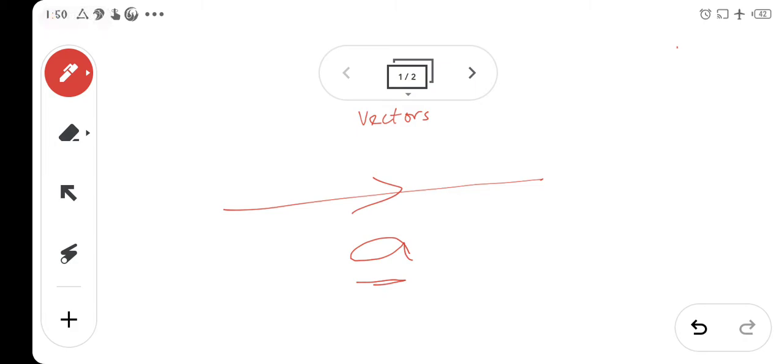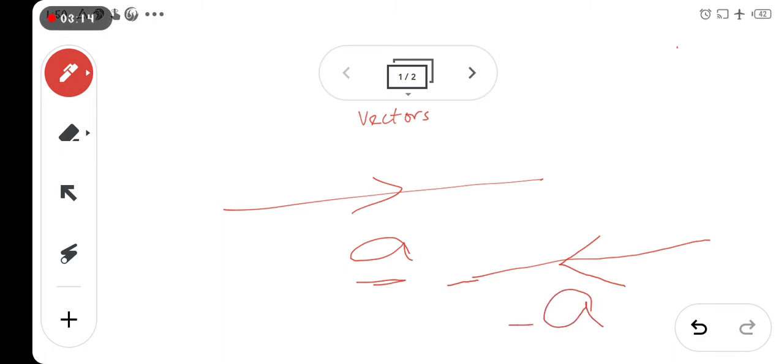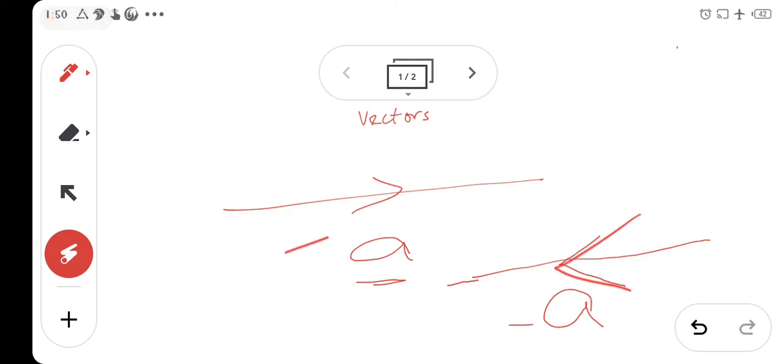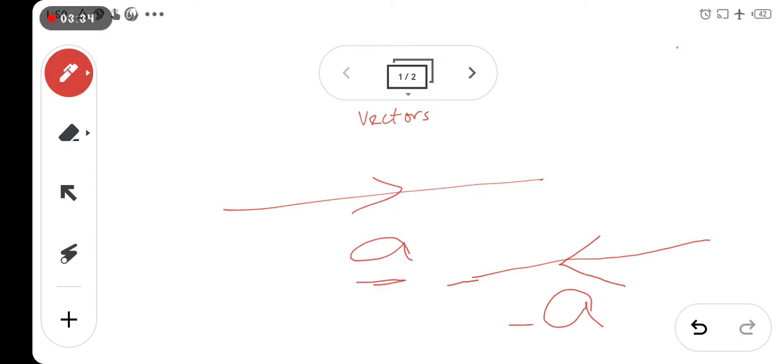If I draw another line segment with the same magnitude as this but moving in the opposite direction, let's assume these two lines are of the same size. This line segment is called the negative vector of A, or negative A. You can see that they both have the same magnitude, but they are moving in opposite directions. So this is what we define as a negative vector.